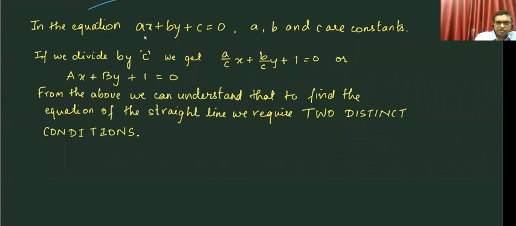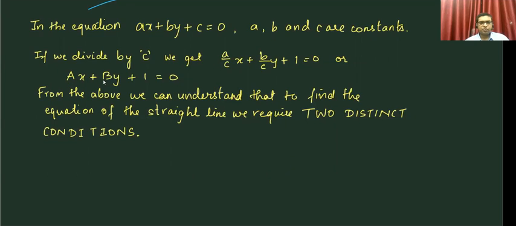Very clearly, what I just did is divide by c, converting small a by small c as capital A, and small b by small c as capital B. So I get Ax plus By plus 1 equal to 0.